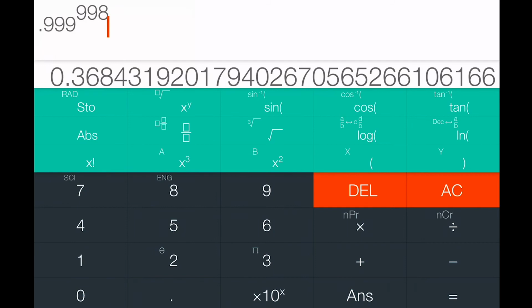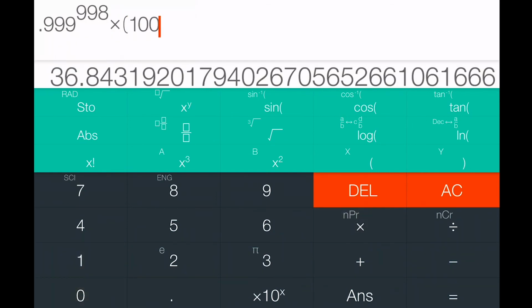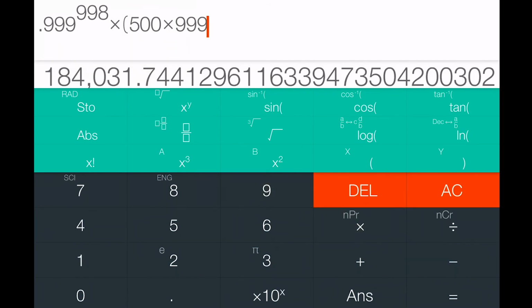And how much did we get there? 1000, or we can just write 500 because we know that, into 999. Okay, so this much we got, and 0.001 to the power 2: 0.001 is 10 to the power minus 3, so it will be 10 to the power minus 6.